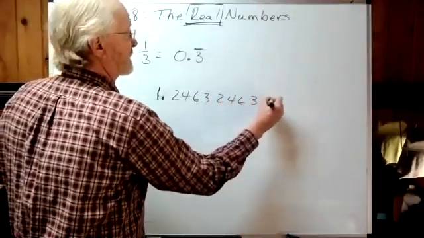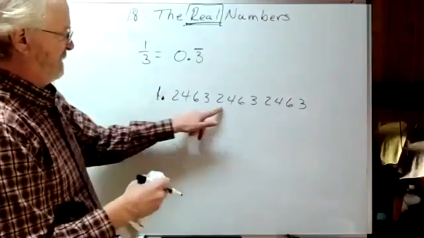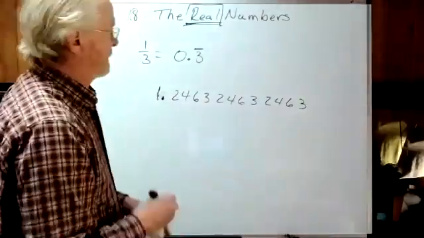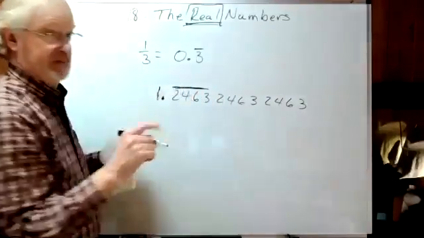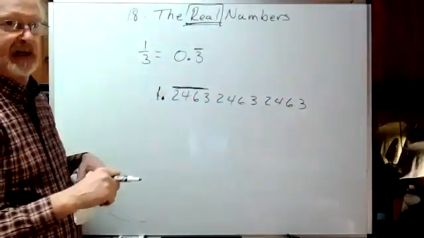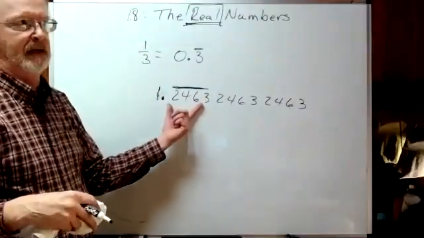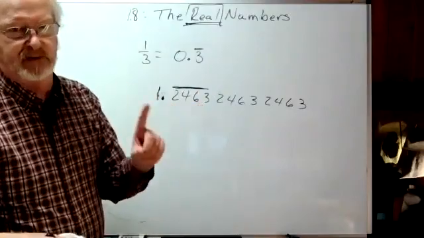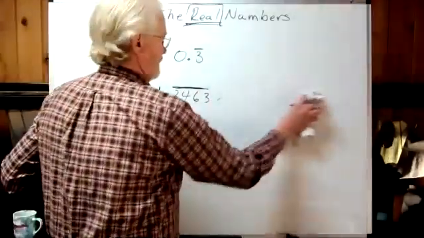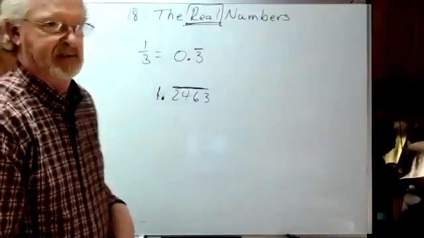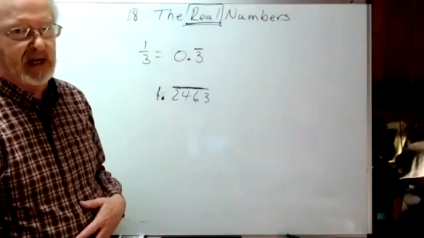I'm just making up something, whatever this might be, 2463, 2463, 2463. There's this repeated pattern. That's what that bar across the top means, okay? We identify the part that's repeating, and then we usually only present it once. This much is going to repeat over and over. And so this is a repeating decimal. It is a rational number. There's a way to turn it into a fraction.